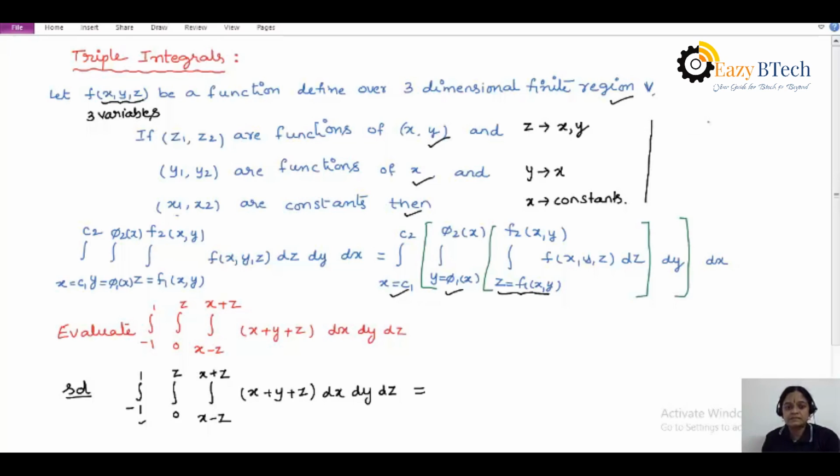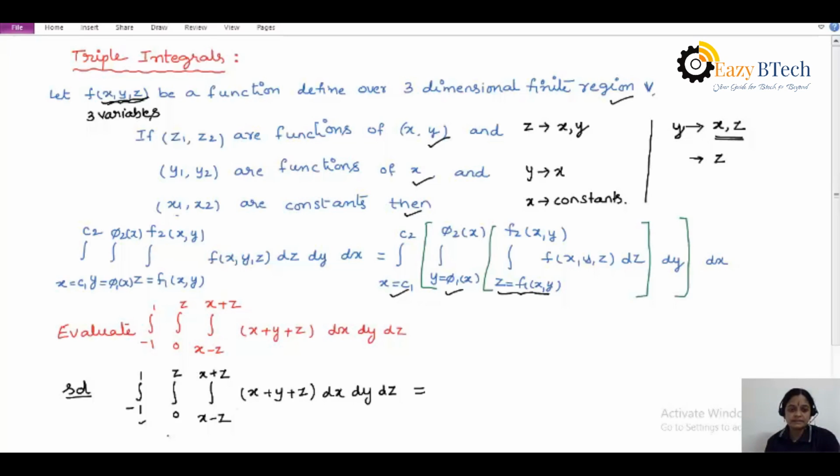The first integration limits in x and z correspond to the variable y only. Next, the z limits: already the z limits are there in y as a function of x and z.